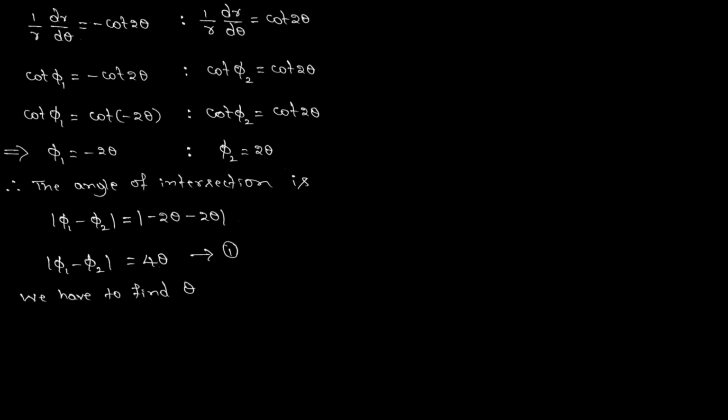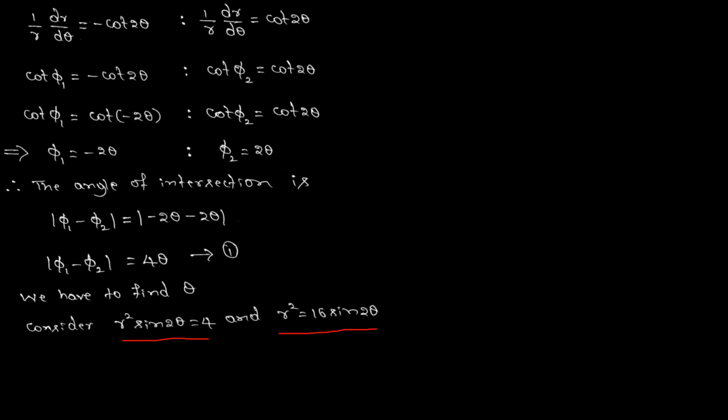Now we have to find the value of theta, because theta is still unknown here, as we need the angle of intersection between the two curves. So we will find what theta is in the next step. To find theta, consider the two given equations in the question.